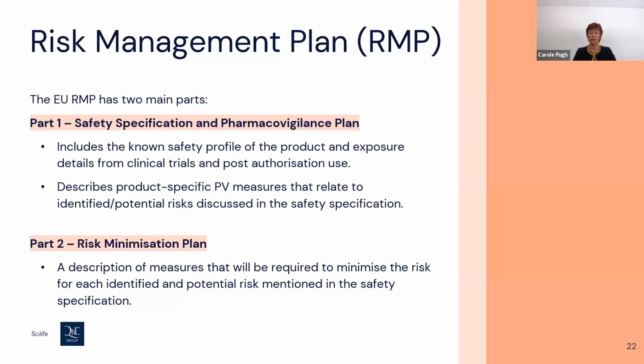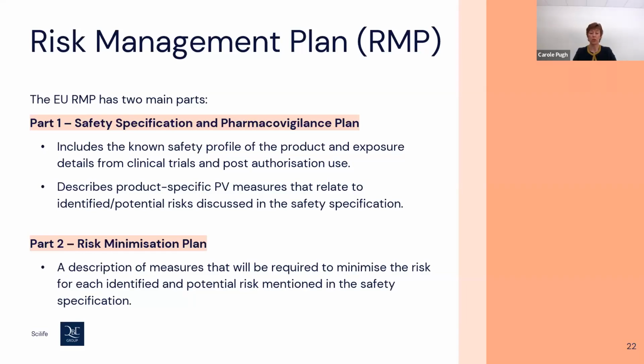Part 2 of the RMP then really describes how the company will minimize the risks of each of these. And so you could be minimizing the risk by explaining in the summary of product characteristics for the healthcare professional, the leaflet that's contained with the medicine for the patients, or it may require something more extensive if it is a high risk.